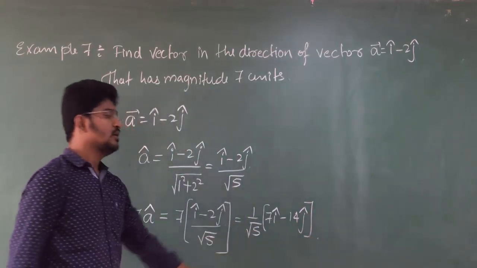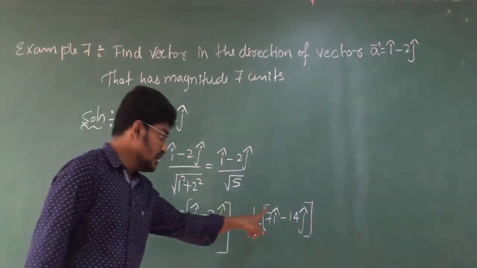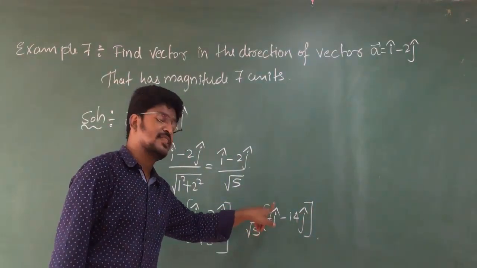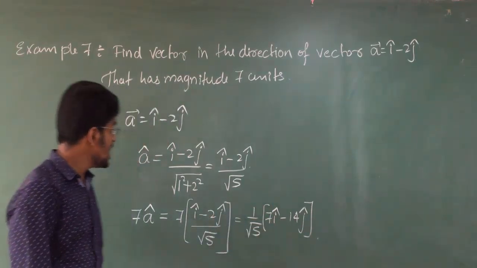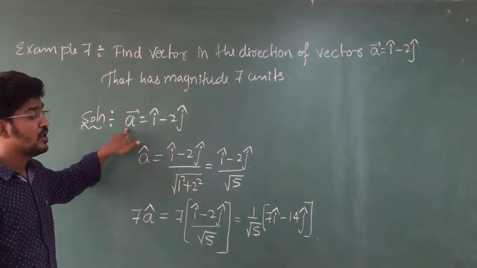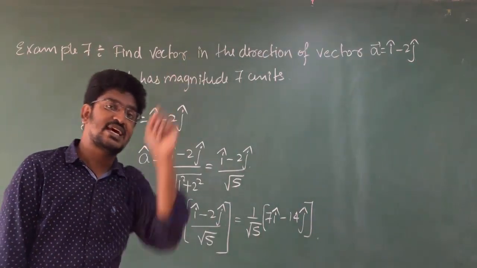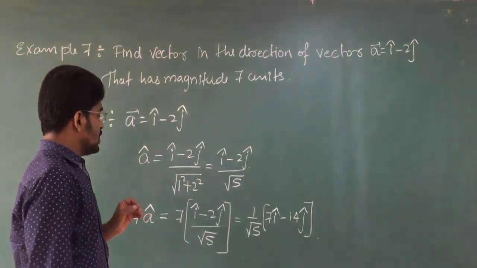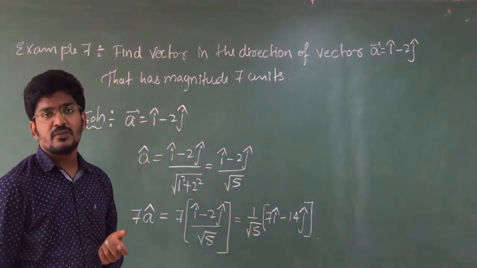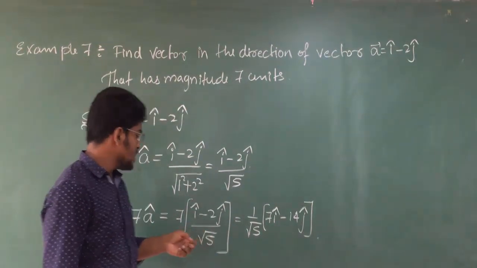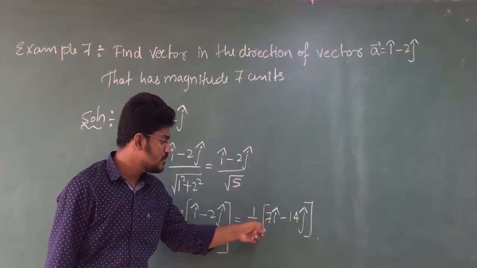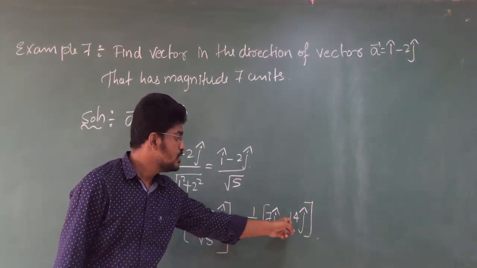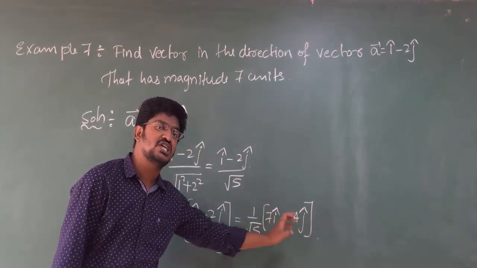So this will be the new vector in the direction of vector A cap with magnitude 7 units. Now, just for your confirmation, you can find the magnitude of 7 by root 5 i cap plus 14 by root 5 j cap.